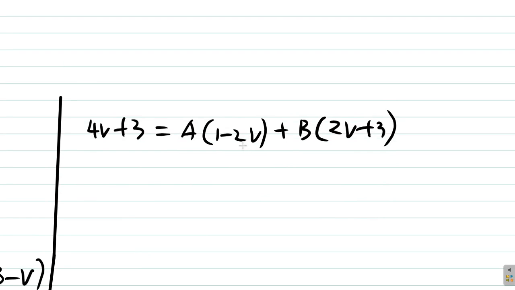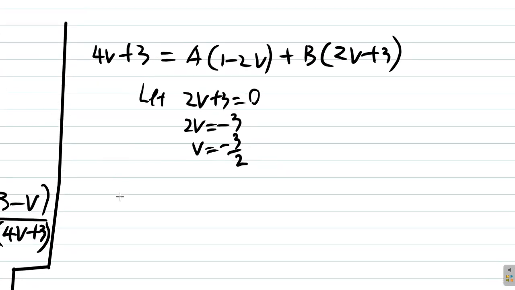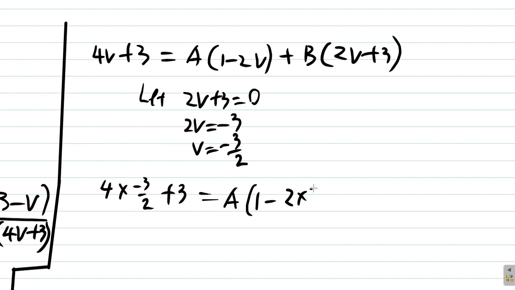we found b already. Let's eliminate b and find a. Let 2v plus 3 equal 0. If 2v plus 3 equals 0, what would happen? Then 2v would be negative 3 and v would be negative 3 over 2. Alright, if v is negative 3 over 2, you'd have 4 times negative 3 over 2 plus 3 equals a times 1 minus 2 times negative 3 over 2, plus b times 2 times negative 3 over 2 plus 3.